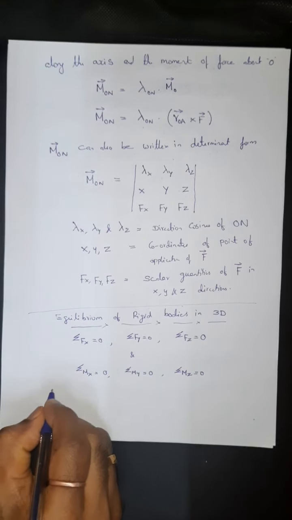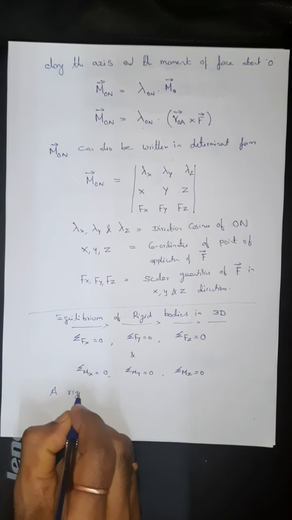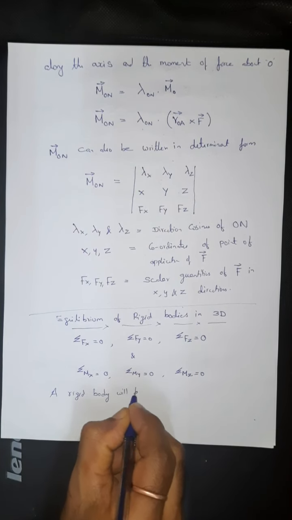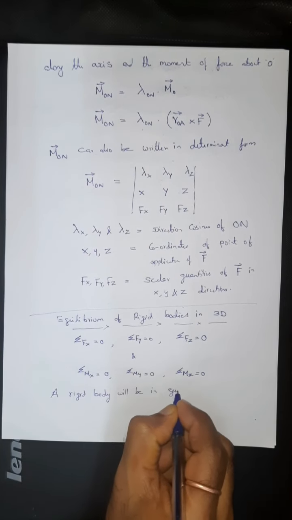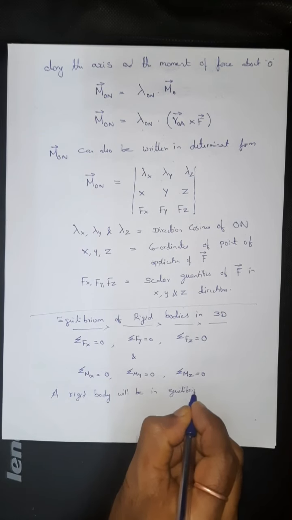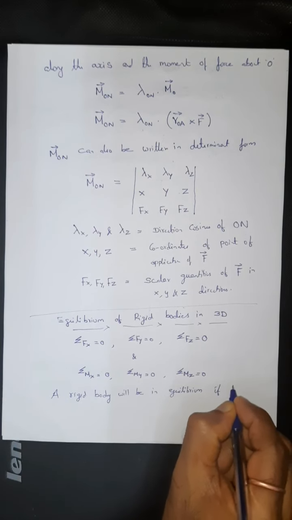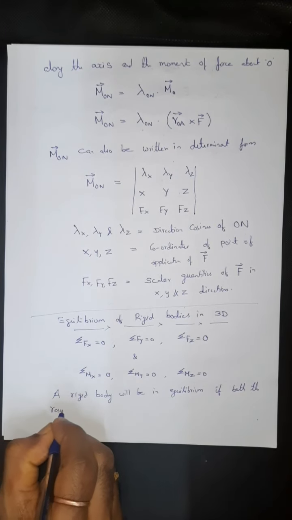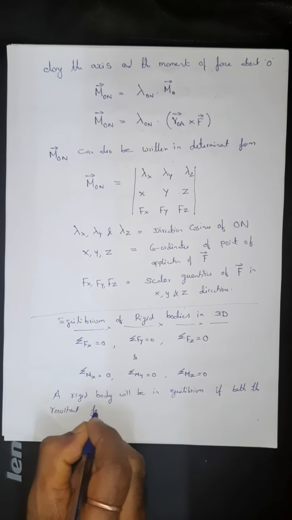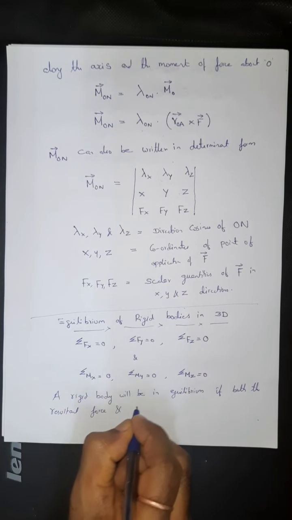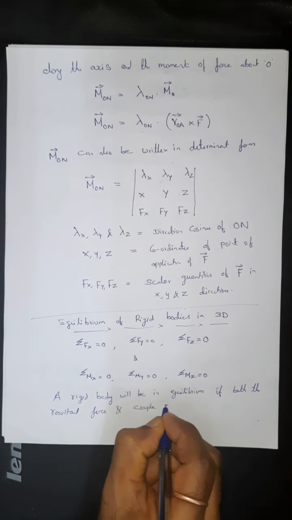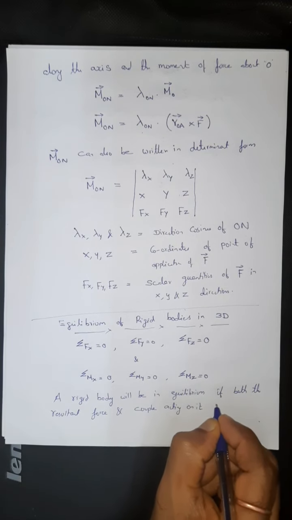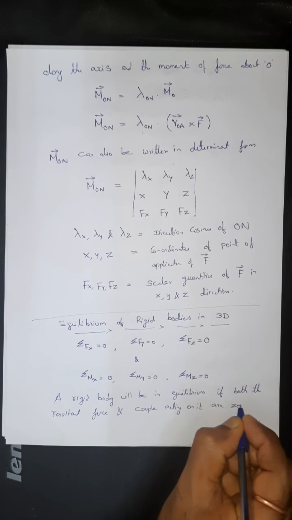Right. If you want, let me just write it down. A rigid body will be in equilibrium if both the resultant force and couple acting on it are 0.